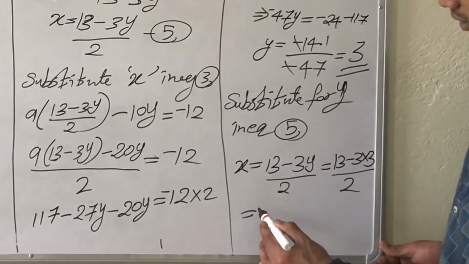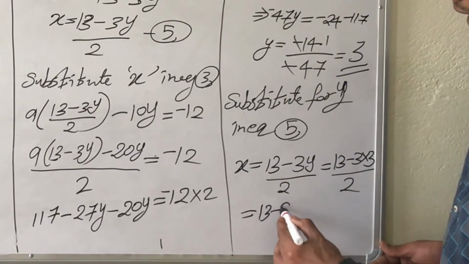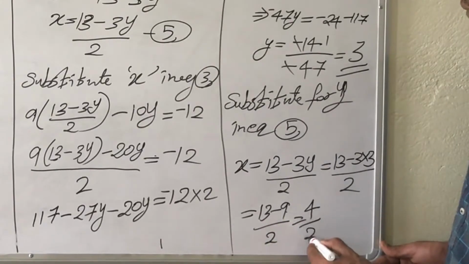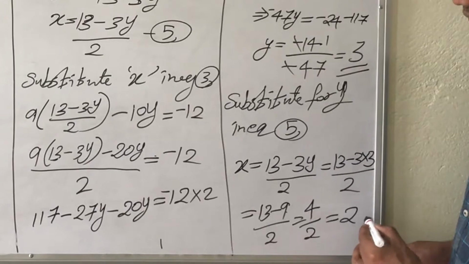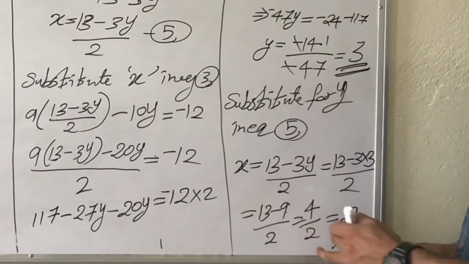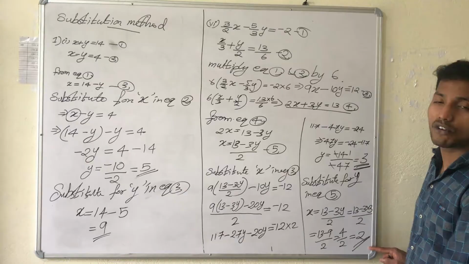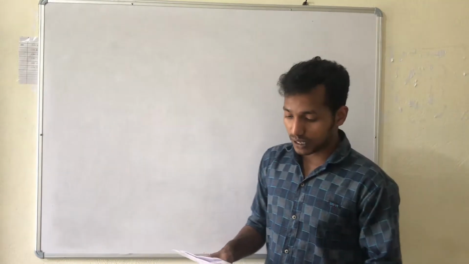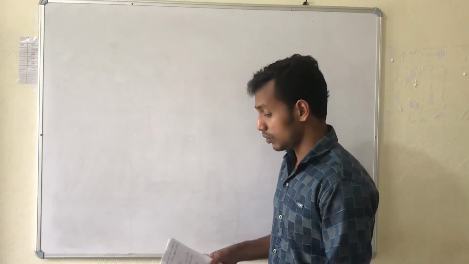That is 13 minus 9 divided by 2. 13 minus 9 is 4 divided by 2, which is equal to 2. So y equal to 3 and x equal to 2. That is the solution of the given pair of linear equations.